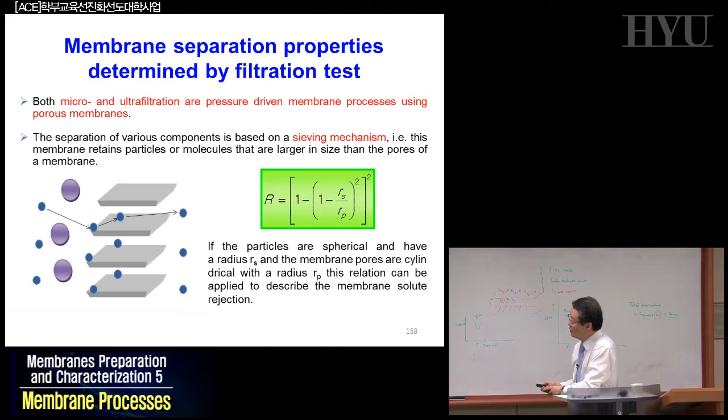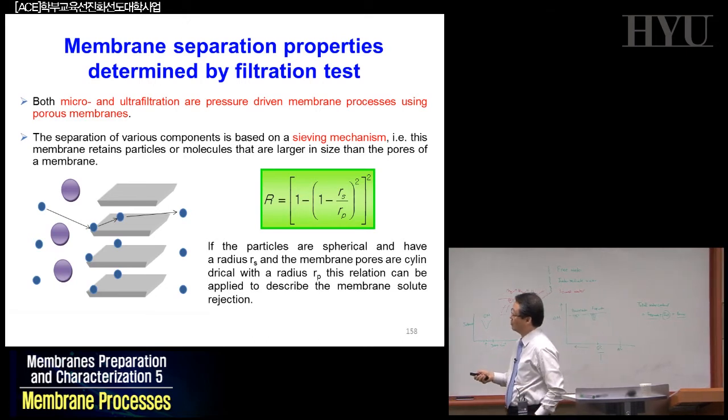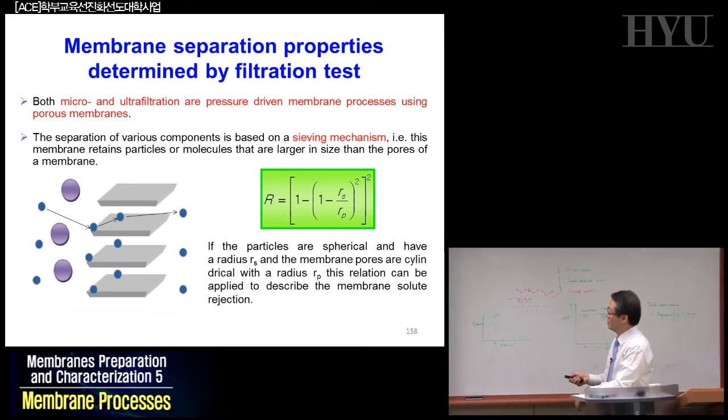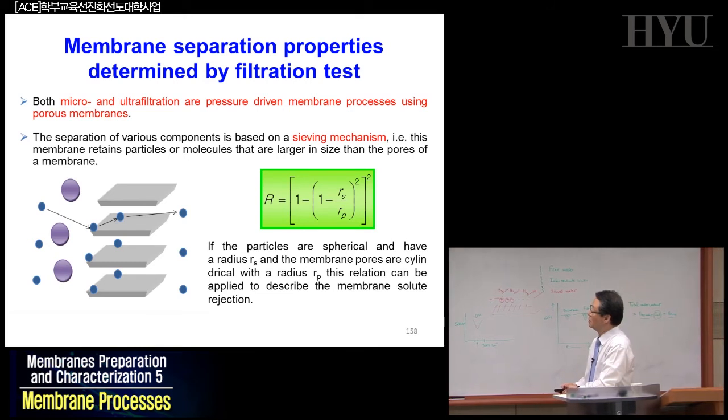RP is defined as the radius of the pore, and RS is defined as the radius of your solute. If you have a smaller solute and a larger solute, the smaller solute could be easily sieved through this pore, whereas a large molecule, with a diameter larger than the pore of your membrane, cannot go through. This is called the sieving mechanism. And you can calculate the rejection from this equation as well.